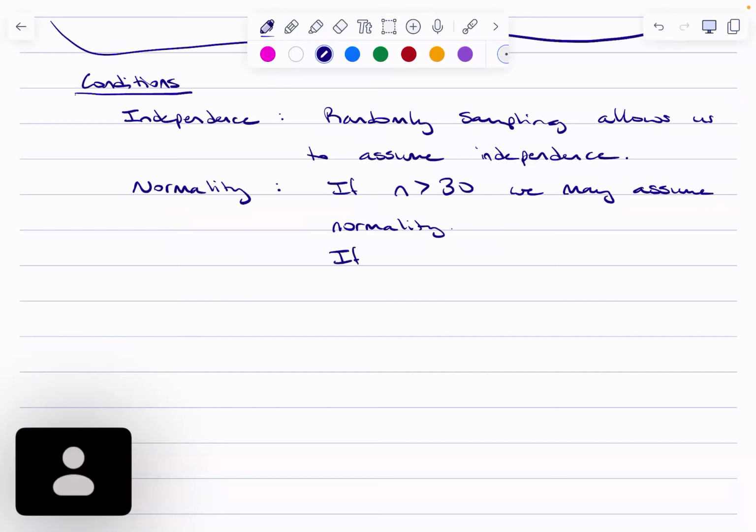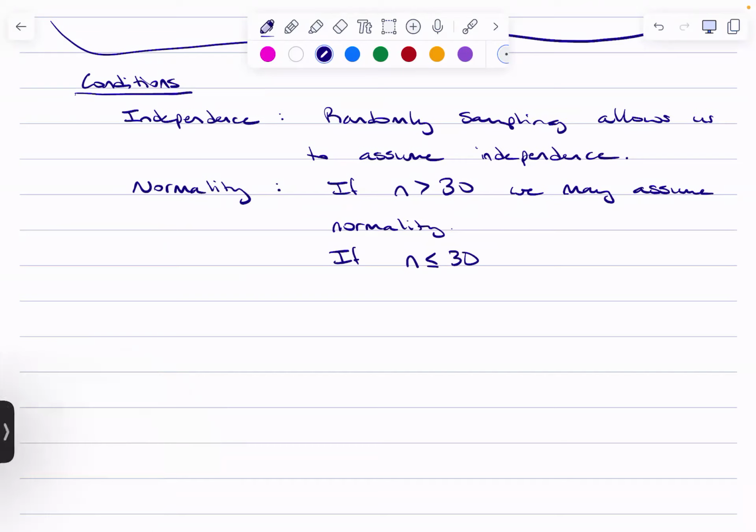We're allowed to have smaller sample sizes, right? We just have to put in a little bit more work. So if n is less than 30, I guess less than or equal to 30, okay, we need to make sure that it looks approximately normal, okay? Or we have to assume that it looks approximately normal.